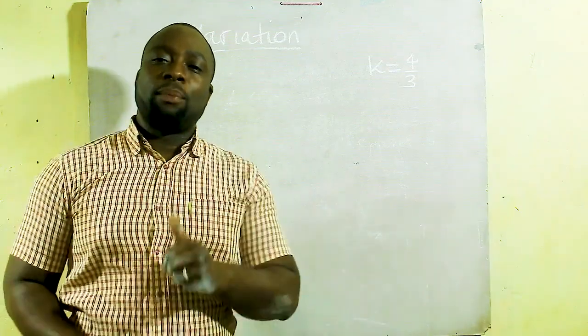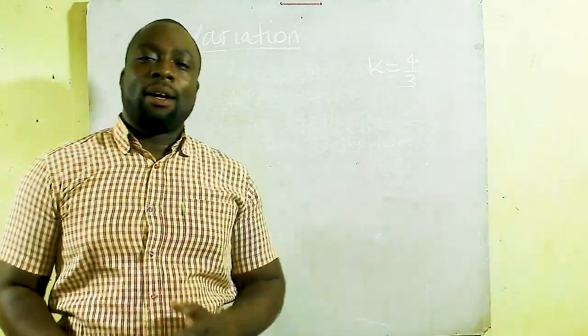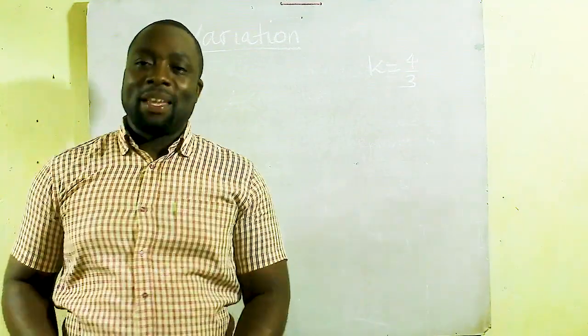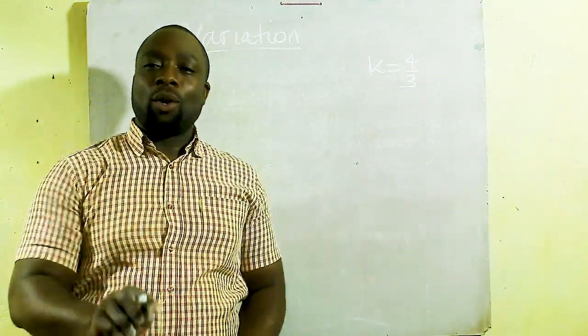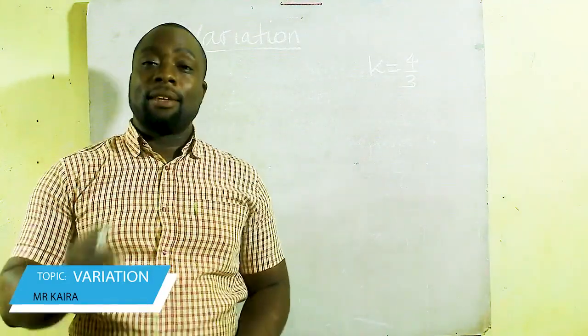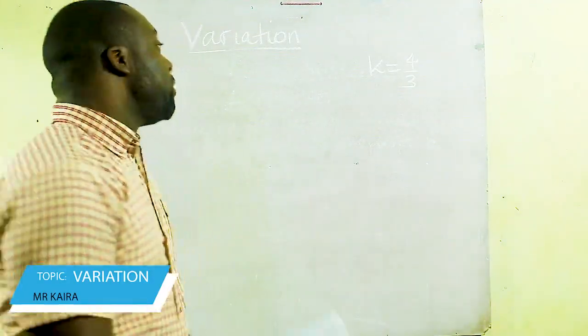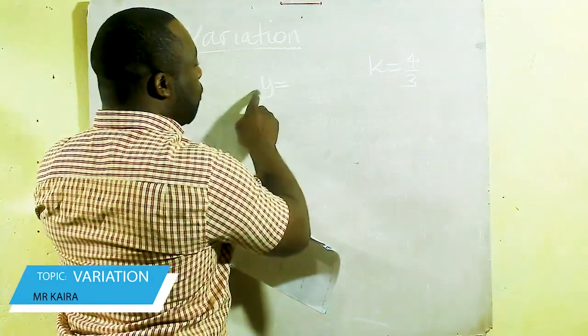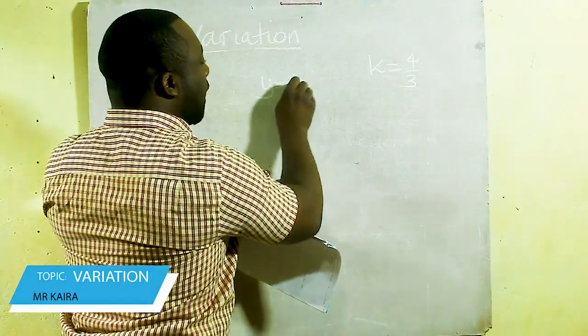If you have not watched the previous video, I'm requesting you to watch it so that you see the question. The last one that we didn't solve was to find the value of x when y is equal to 24. Our equation for direct variation is y is equal to kx.